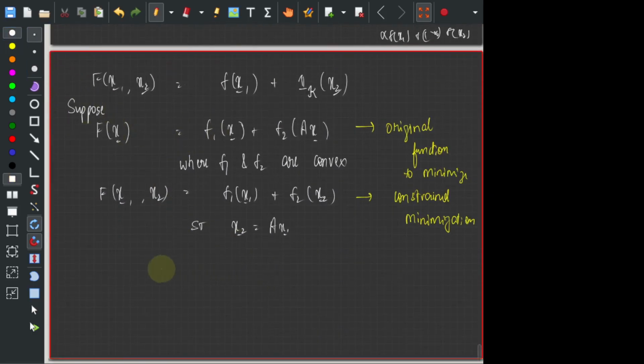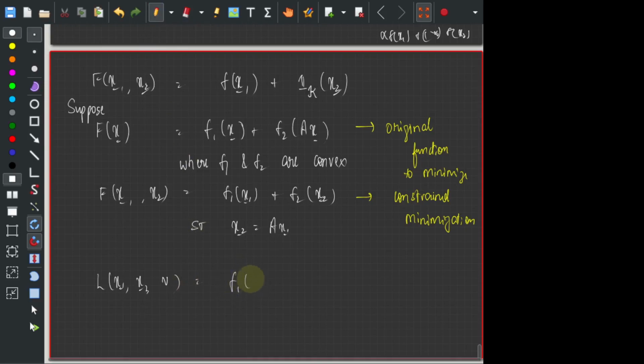But now let us look at the Lagrangian of x1, x2. I have one equality constraint. So I have just one Lagrange multiplier.